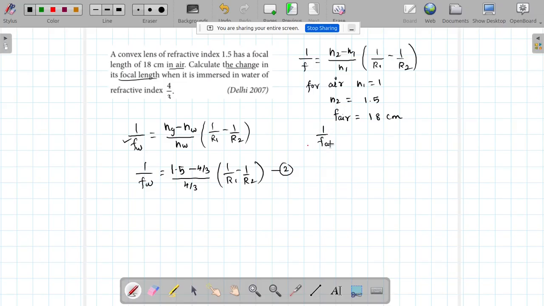1 by f air is equal to (1.5 minus 1) divided by 1, times (1 by R1 minus 1 by R2).